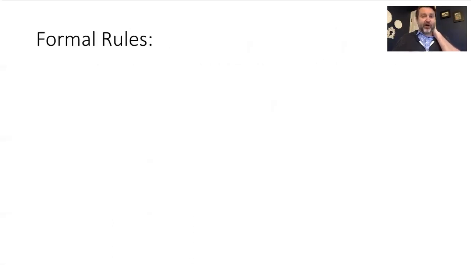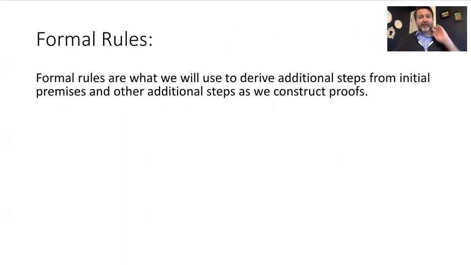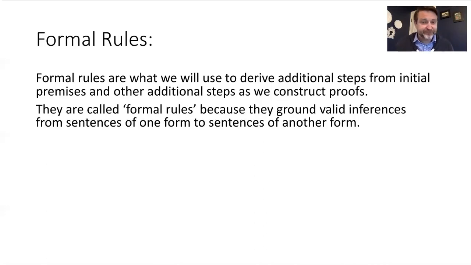Okay, so what do our formal rules look like? So the formal rules, again, are what we are going to use to derive additional steps from initial premises and other additional steps as we construct proofs, right? So we're going to use formal rules to move from our premises, other additional steps derived from those premises, to more steps in our proof, and then ultimately to deriving the conclusion.